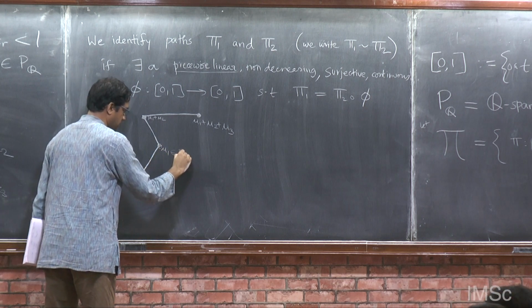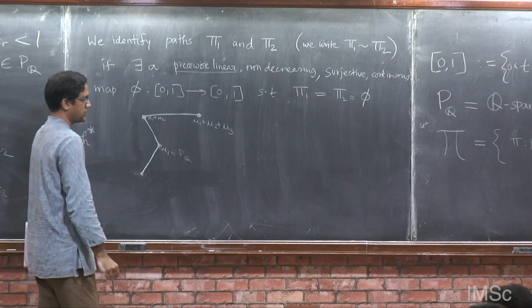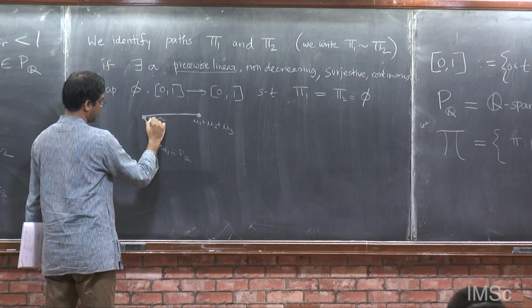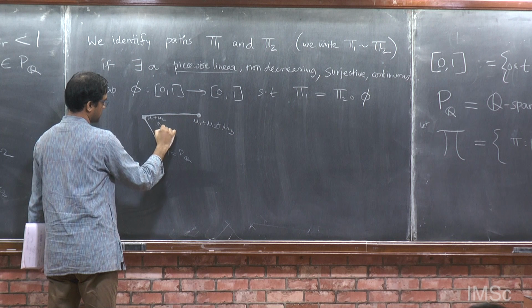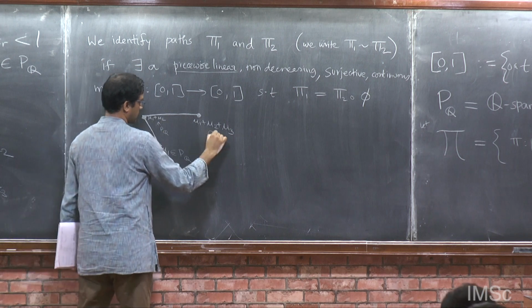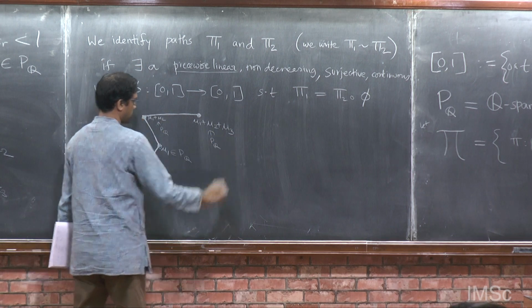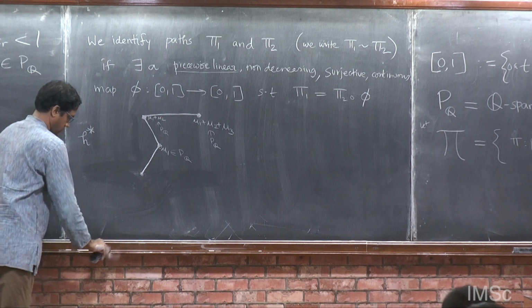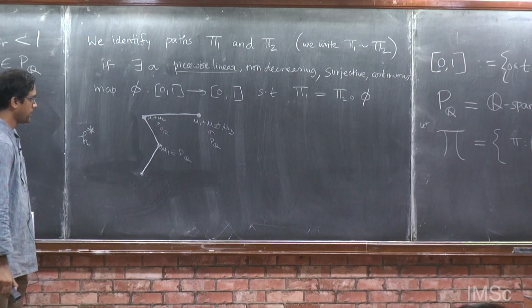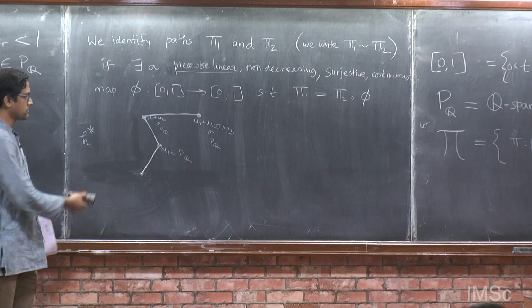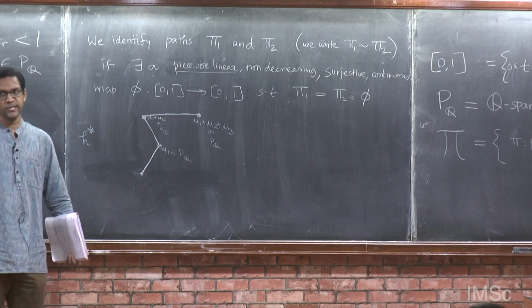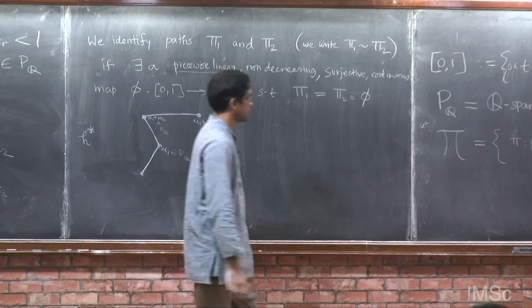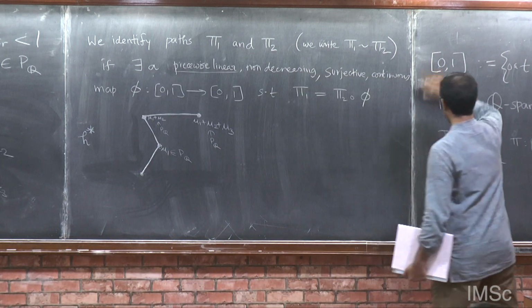This should come from the rational span of the weight lattice. So in some sense, it's just enough to know these things. That determines a path uniquely.